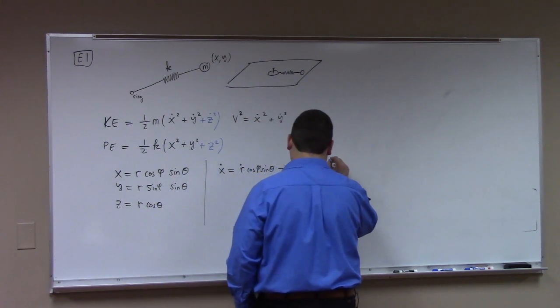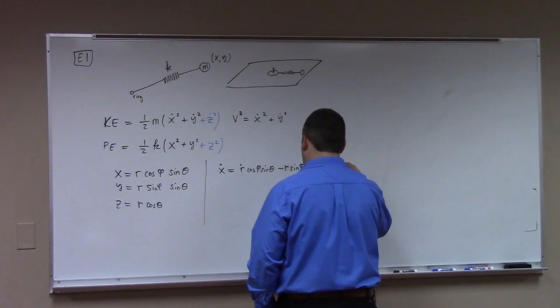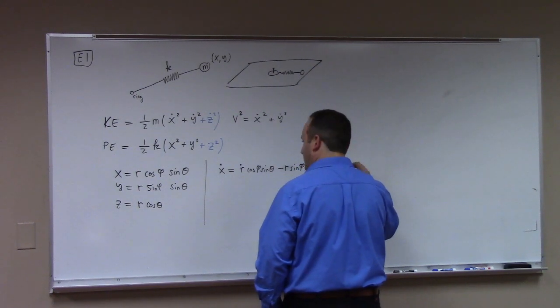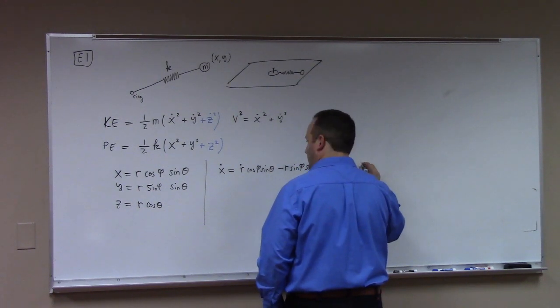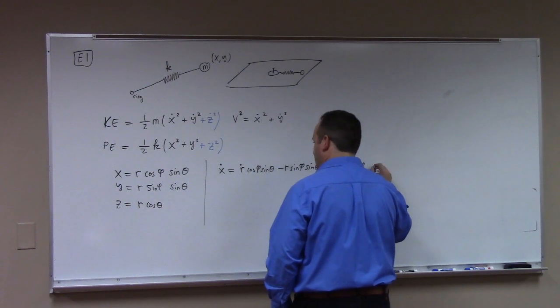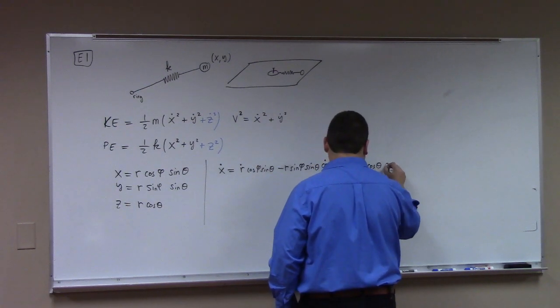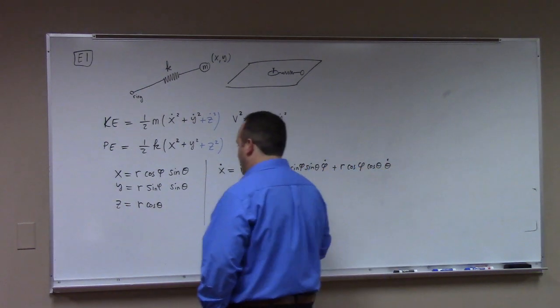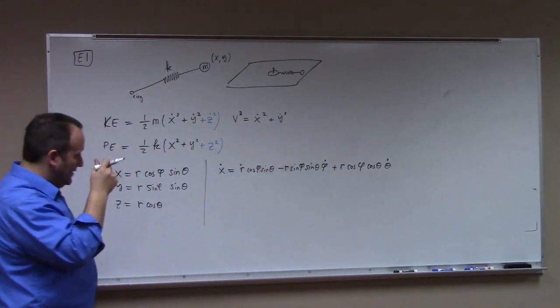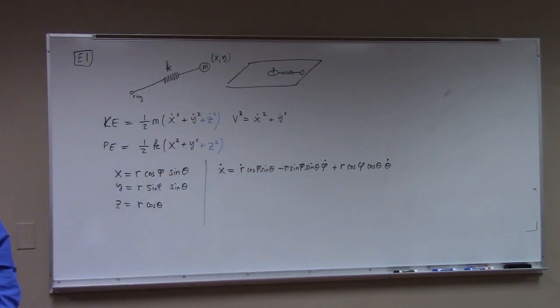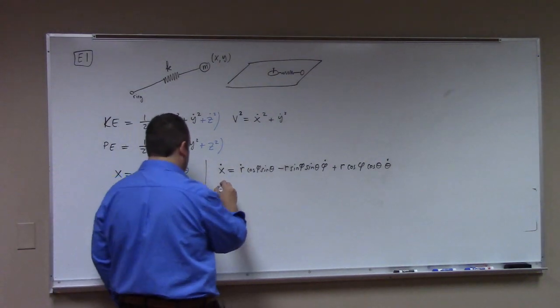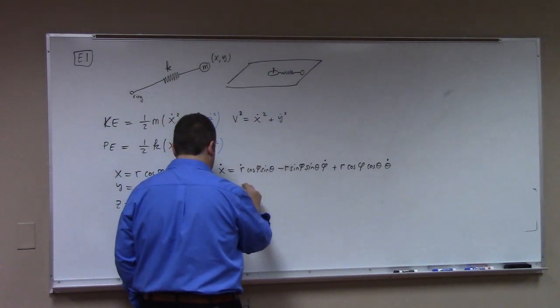I wish I remembered the answer to this, so I didn't actually have to go through it. It's not bad, though. The product rule and the chain rule give us this, and similarly for y dot, we get this.